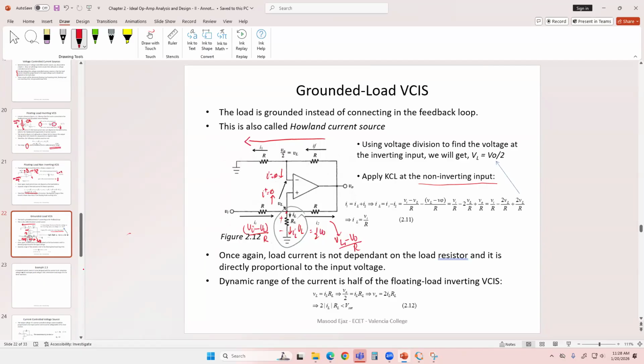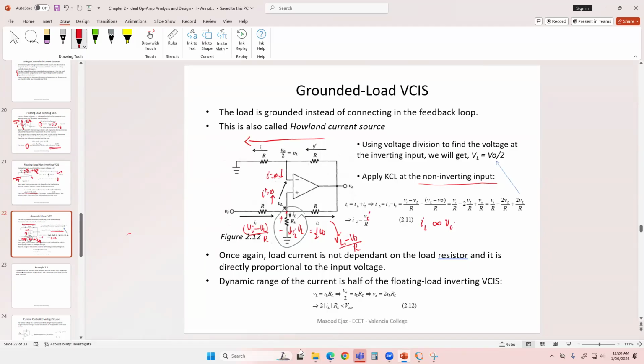Load current is equal to V input over R. It is V input, it's not V1. This shows that load current is directly proportional to the input voltage, and it does not depend on the value of the load resistor.